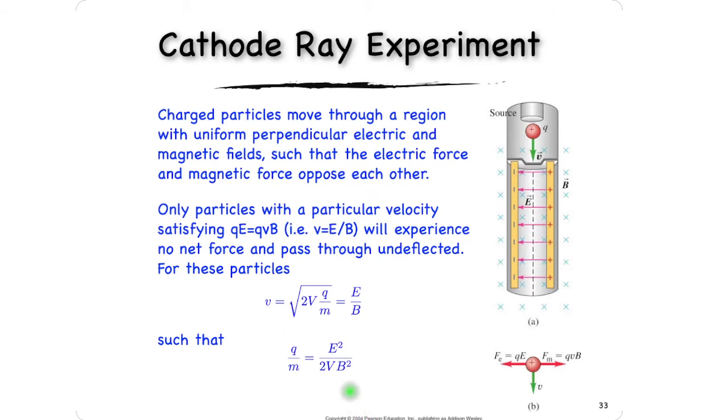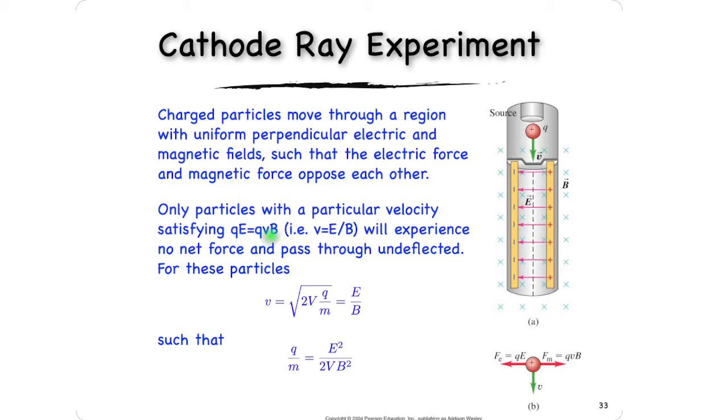Well, if we know that's the velocity, and we know that the electric force, QE, that would deflect them up, is balanced by the magnetic force, which is a magnitude of QVB, which would deflect them down, then we can set those things equal to each other and solve for V. Right?